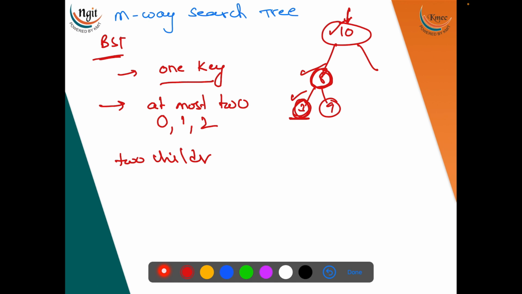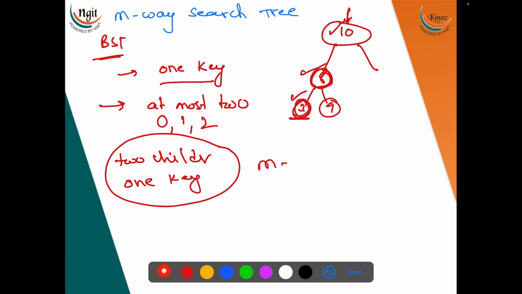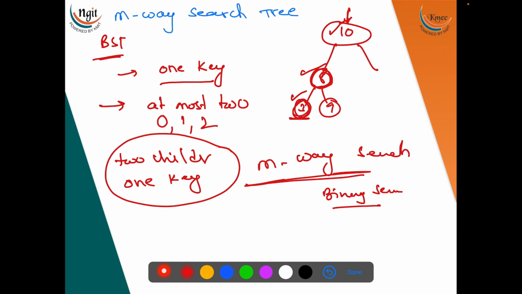Now, can we have a tree with more than 2 children, and can we have a tree with more than one key? If so, then that is called an M-way search tree. So the point is very clear. M-way search tree is also like a binary tree, but the major differences between these two are, first, in binary search tree you will see at most 2 children, whereas in M-way search tree you will see more than 2 children.